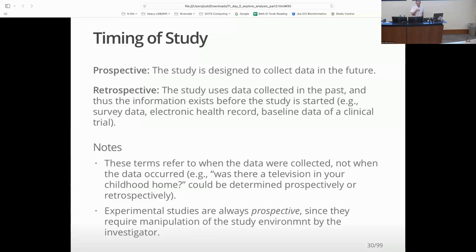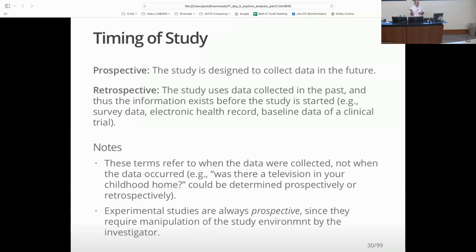The example I have here is a study on whether there was a television in someone's childhood home. If you plan the study right now and you send out a survey to 1,000 people and say, was there a television in your childhood home?